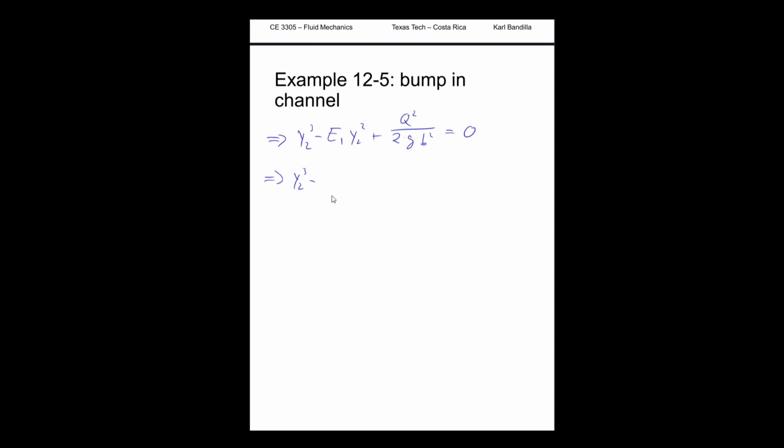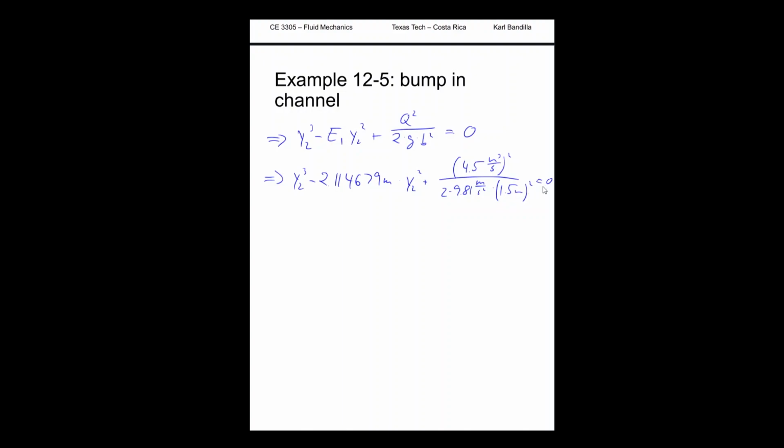All right, so that was 2.114679 meters times y2 squared plus 4.5 cubic meters per second squared divided by 2 times 9.81 meters per second squared times the width was 1.5 meters squared.